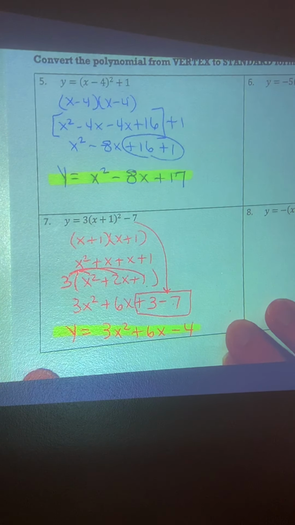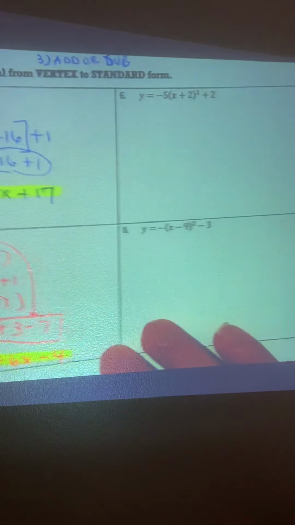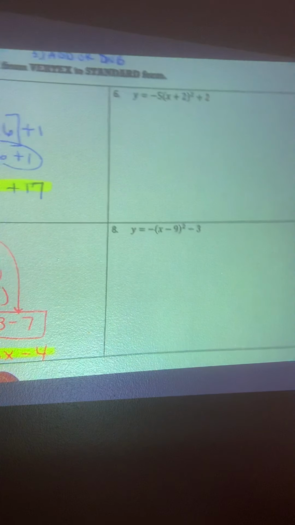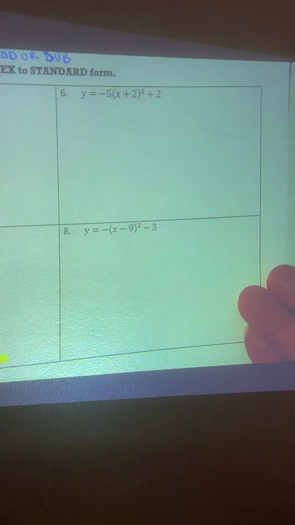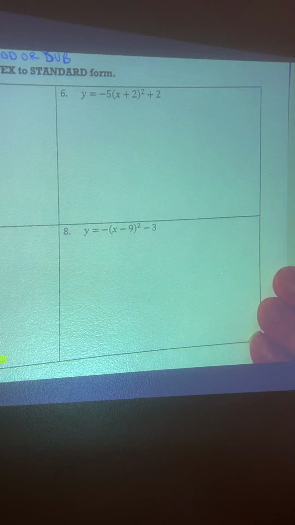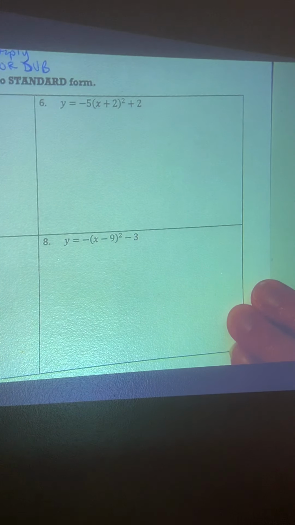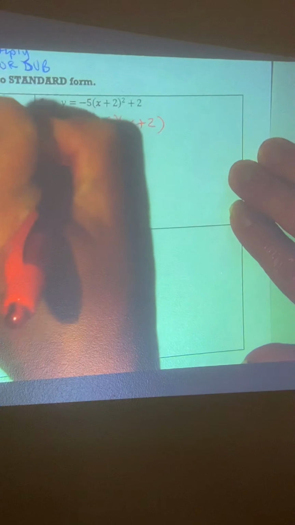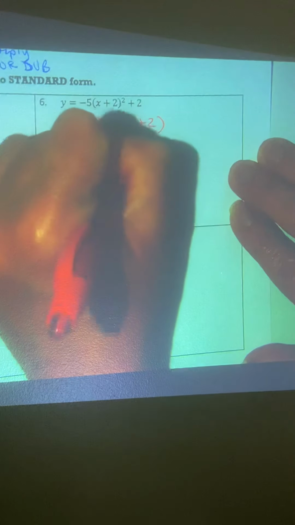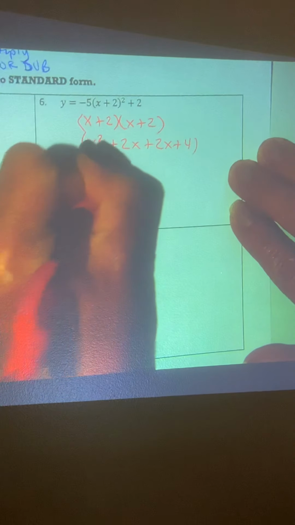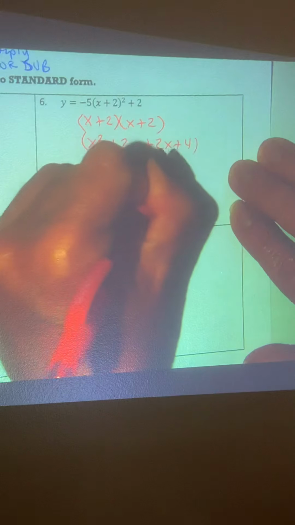Okay, let's go to the right. Number 6, first thing I'm going to do, FOIL: x plus 2, x plus 2, x squared plus 2x plus 2x plus 4, x squared plus 4x plus 4.